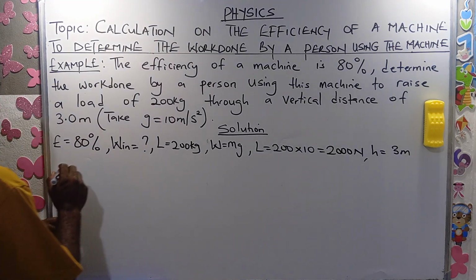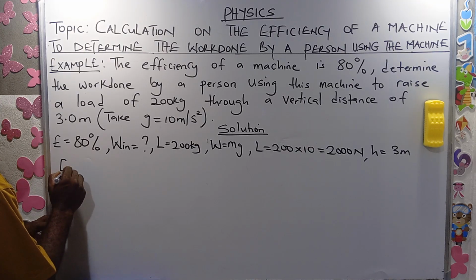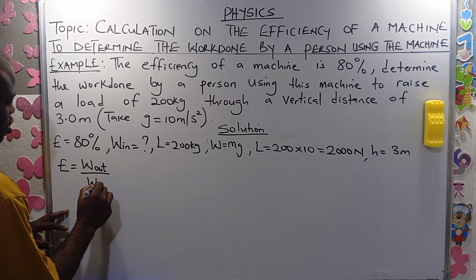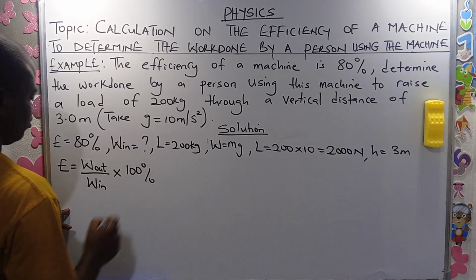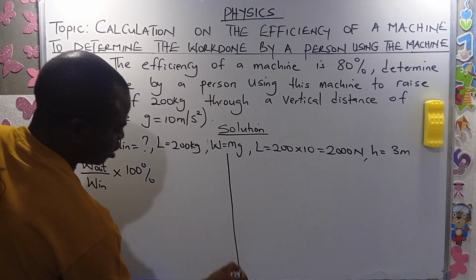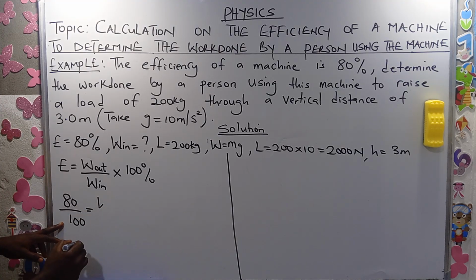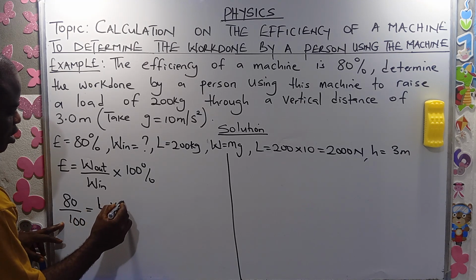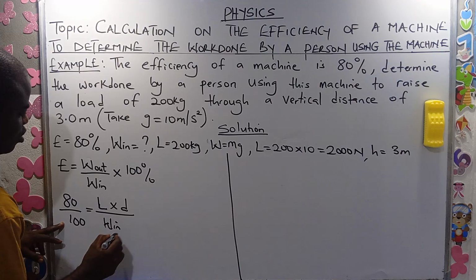Now let's go back to the formula. We have efficiency equals work output over work input times 100%. Don't forget that your efficiency is 80%. That's 80 over 100 equals work output, which is load times distance moved by the load, over work input.